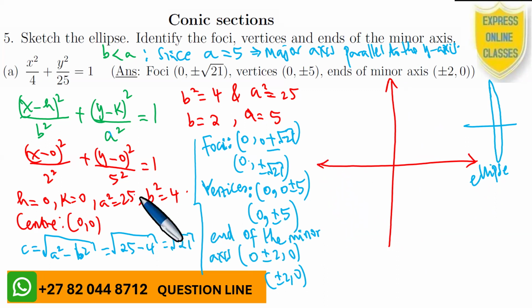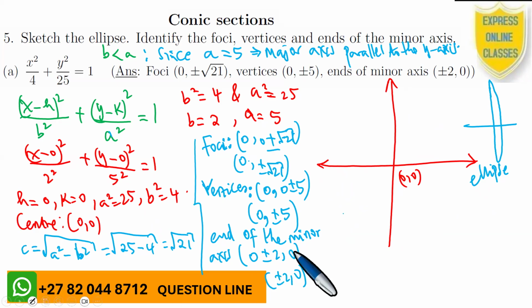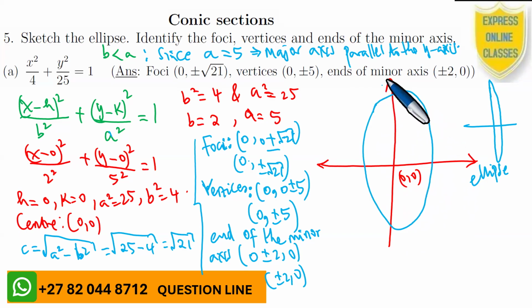So now the center is the origin. So this is the center. If that is the center, then the major axis is the y-axis, meaning it's going to be like this. Y and x. The foci would be at this one.